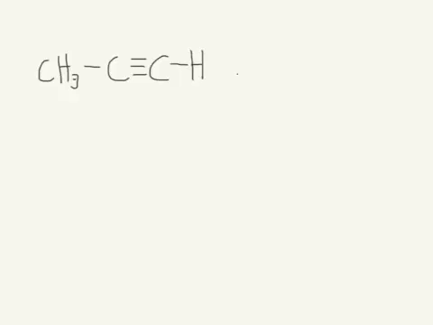To do that, we're going to use NaNH2. So you can think of that as being Na+ and NH2-. I'm going to write the NH2-. That would be a nitrogen with 2 lone pairs bonded to 2 hydrogens.